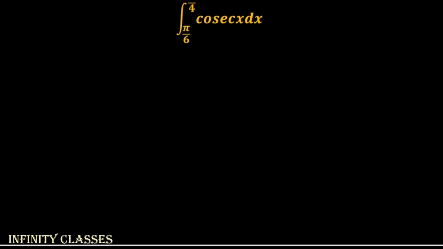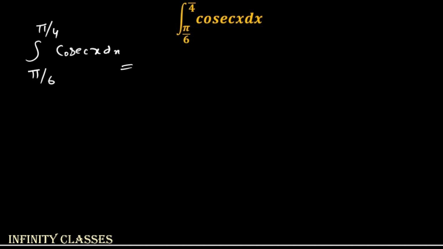Now we'll do next. This is cosec x. So it's very easy if you know how to find the indefinite integral. So this one is from pi by 6 to pi by 4 of cosec x dx.